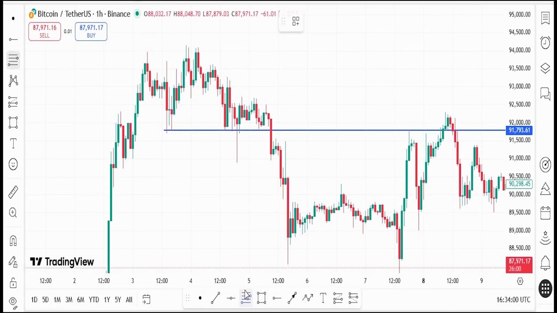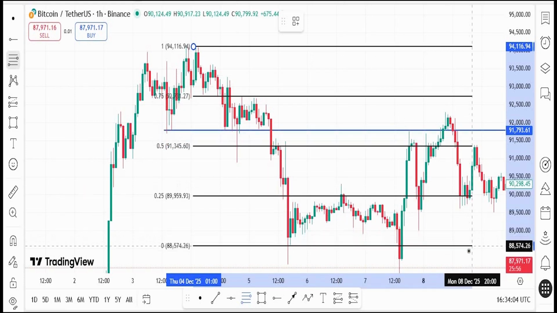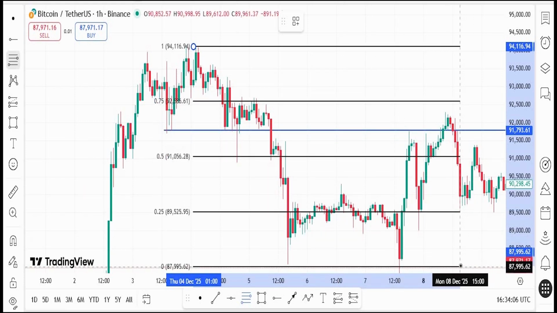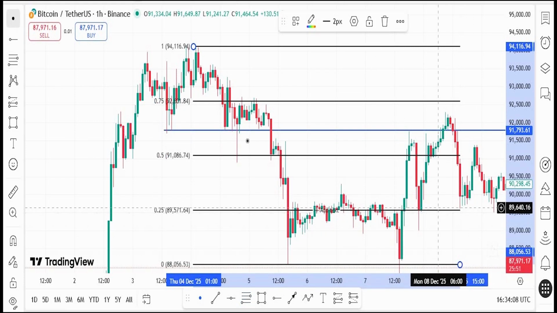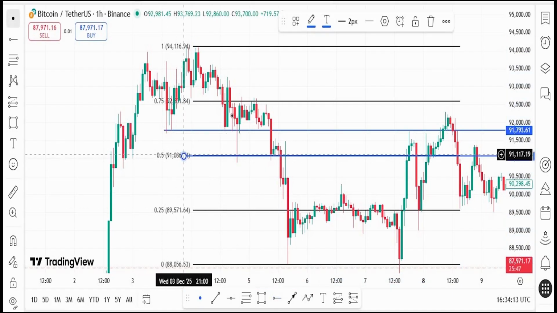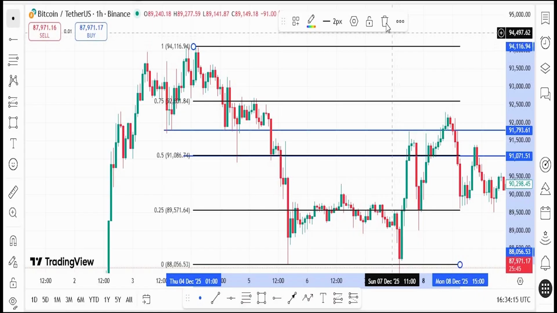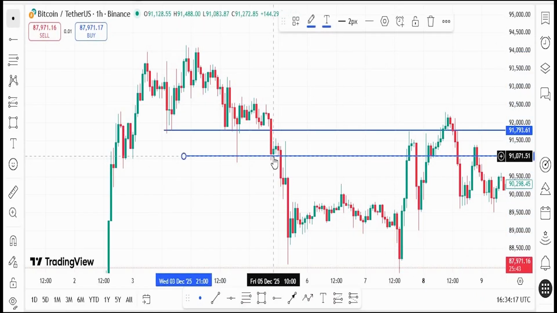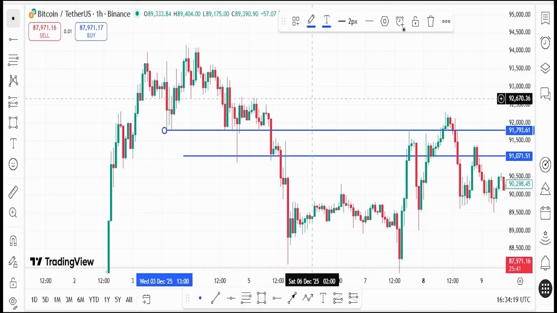Let's say from the high to the low, it was the move, and we clearly are in the premium area as it is the 50% area of the wave. Remember this point, this is the 50% area, not this.